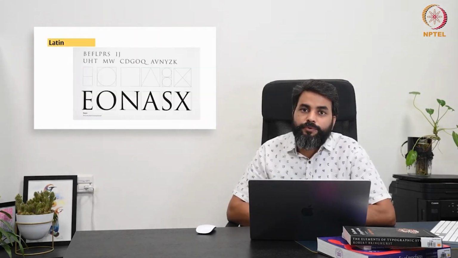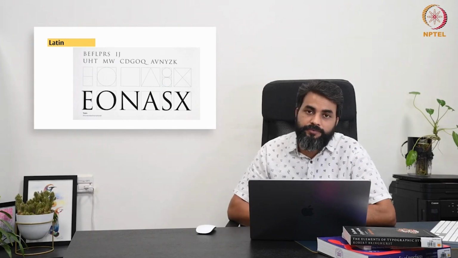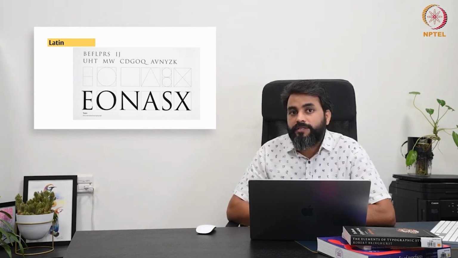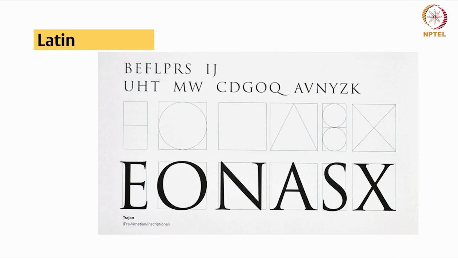That's why if you group these letters based on their width or other characteristic features, you will find certain patterns, such as letters B, E, F, L, P, R and S can be grouped in one group. And similarly, I and J can be grouped in another group, or C, D, G, O and Q. And this grouping is happening because of the width of the letter.